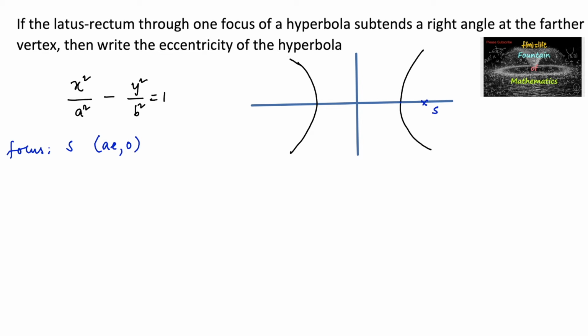A line drawn perpendicular to the axis passing through the focus is called a latus rectum. Let us consider P and Q are the ends of the latus rectum.